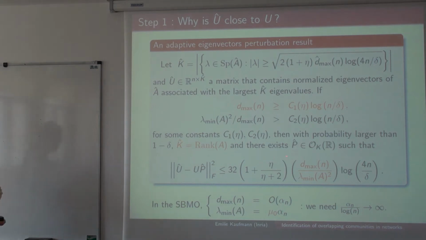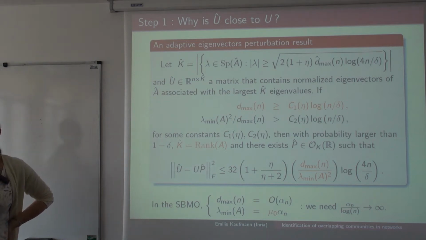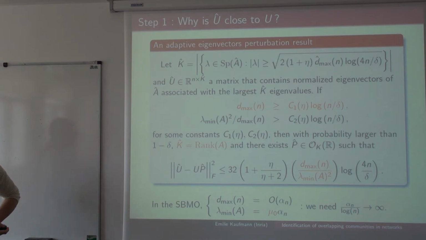So this tells you that the ratio here is of order 1 divided by alpha n. And for this result to show that the estimate is good, we will therefore need that alpha n divided by log n goes to infinity. And we will see that with this condition, we will be able to show that the algorithm recovers the communities.